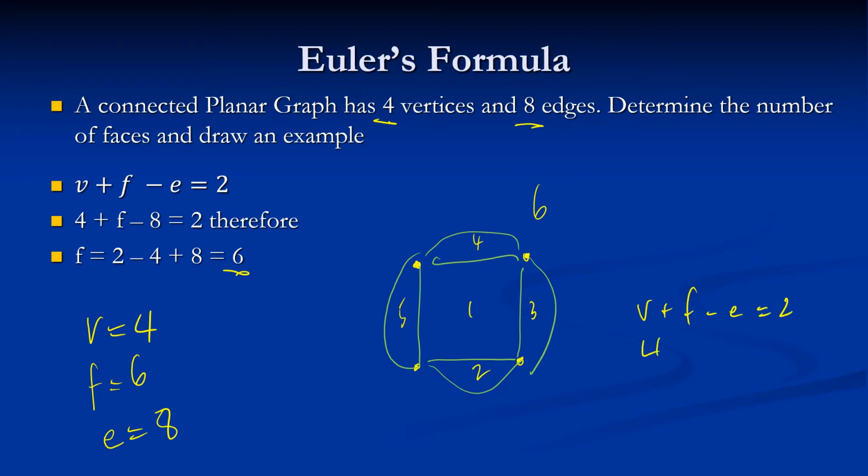So we've got 4 plus 6 minus 8 to equal 2. And you can see that each vertex has 4 edges connected to it. So each vertex therefore has a degree of 4 as well.